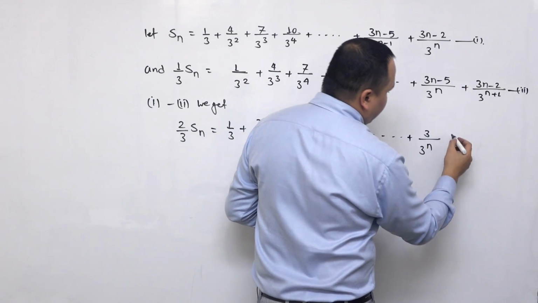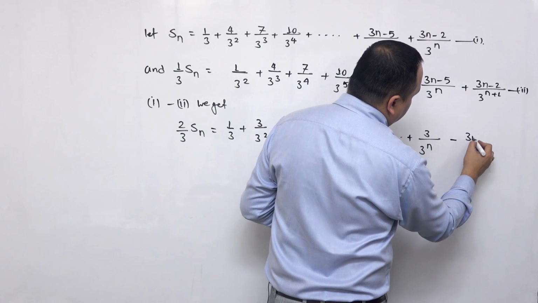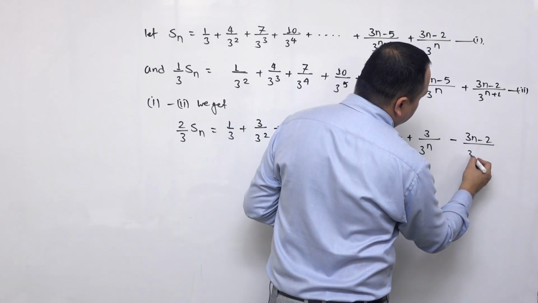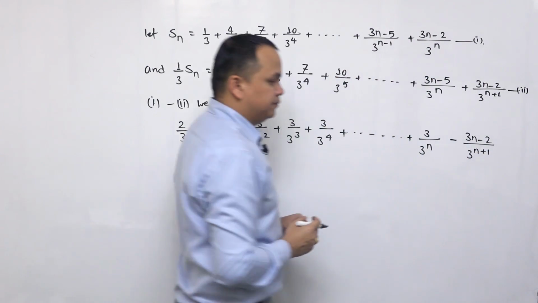And here minus (3n minus 2) upon 3 to the power n plus 1.